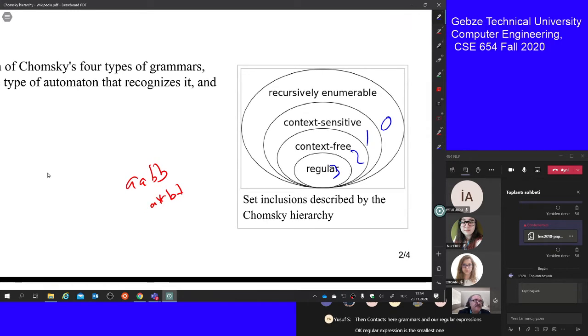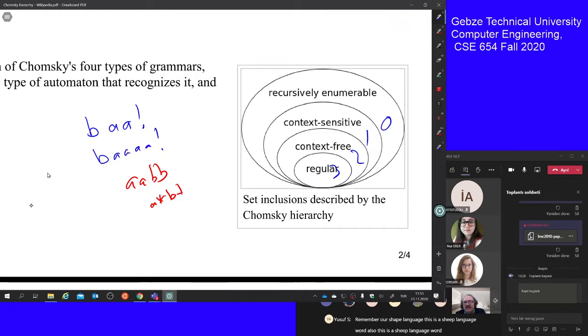What are regular expressions? We already know them, because finite state automata can do the regular expressions. For example, I remember our sheep language. This is a sheep language word. Also, this is a sheep language word.